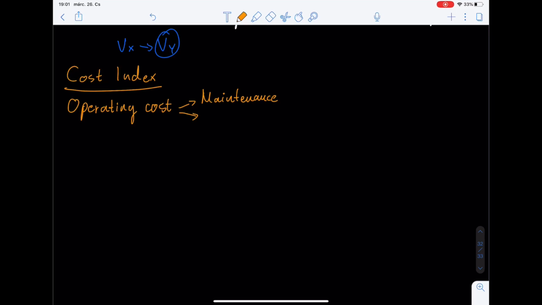So of course you have maybe leasing, and you also have crew costs, right? Sometimes the flight crew and the cabin crew are paid hourly, so in that case you also have other costs associated with operation.